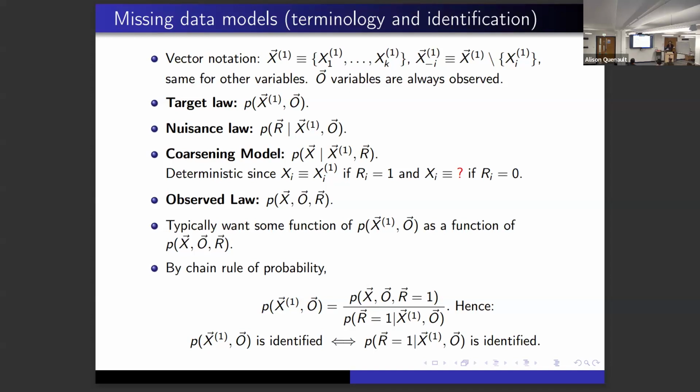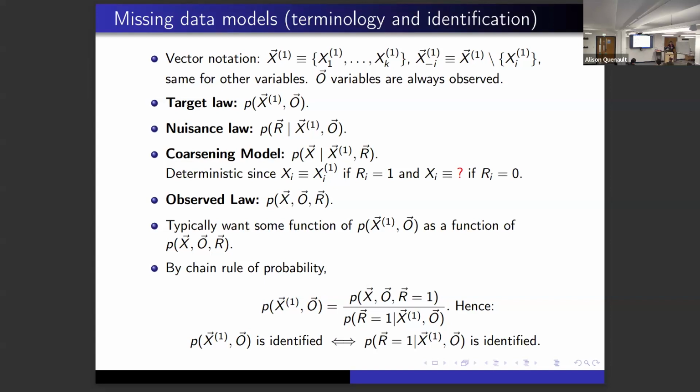Typically, if I have missing data problems, in other words, I have a data frame with question marks in it, I think of that data frame as coming from some distribution that has these missing variables and O's that are always there. And usually we want some function of that distribution as our target parameter. And that could be whatever. It could be a predictor if I'm doing machine learning with missing data. It could be a causal effect if I'm doing causal inference with missing data. It could be anything. Or it could be the whole distribution, whatever.